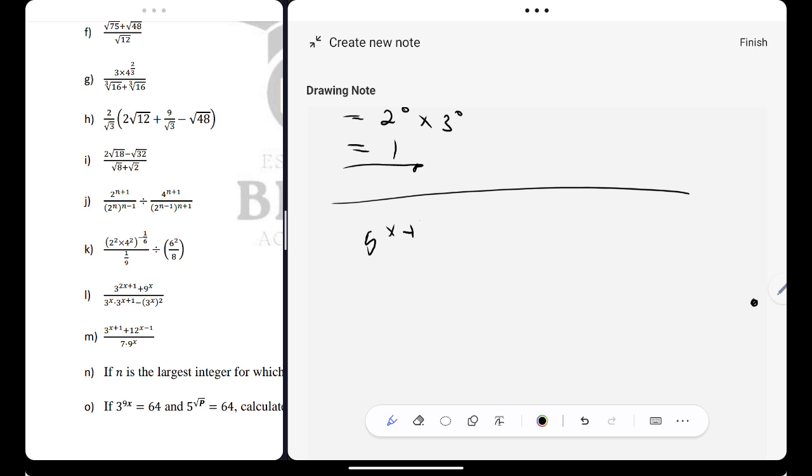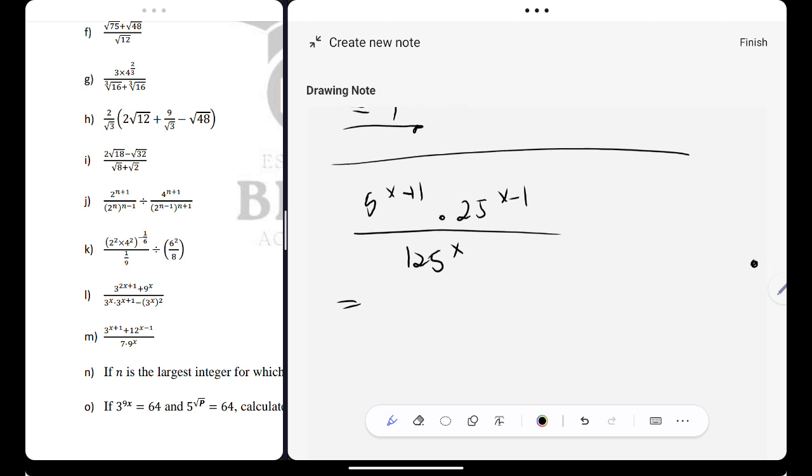5 to the power x plus 1 multiplied by 25 to the power x minus 1, over 125 to the power x. Okay. Here I can change everything to have one base. Already for this one I cannot change, but I can change this one. This is 5 squared.